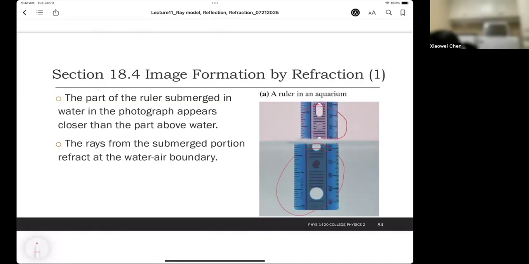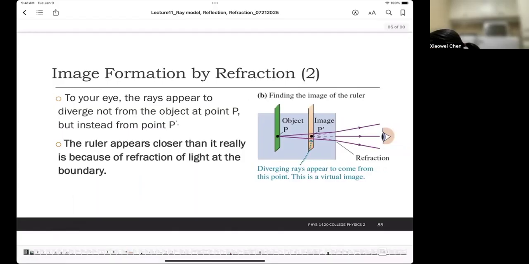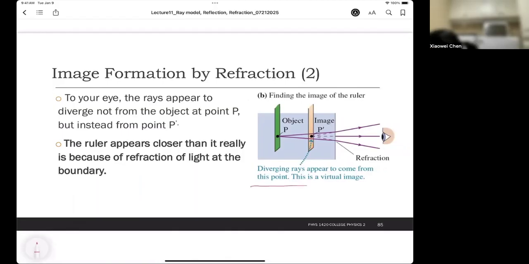The rays from the submerged portion refract at the water-air boundary. Here this is our eye, and this is object P, a real object.